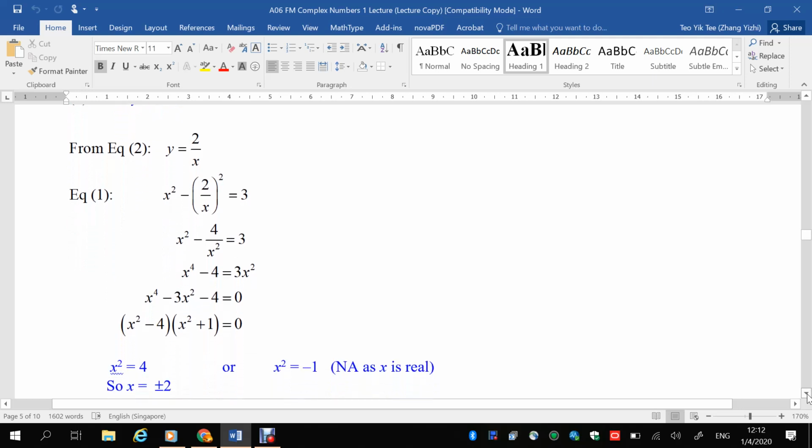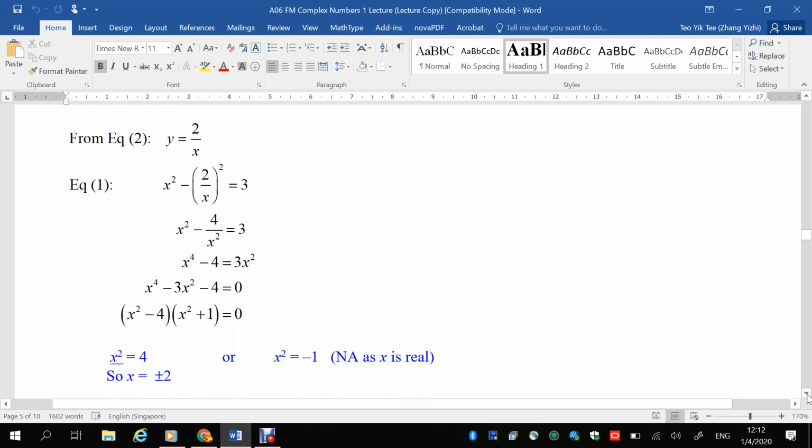Always remember, you're going to have quite a number of roots coming out. Always remember the basic fundamentals: x and y are real. So don't tell me x squared minus x squared equals minus 1 for an answer. No answer, because we have already predetermined x and y to be real.